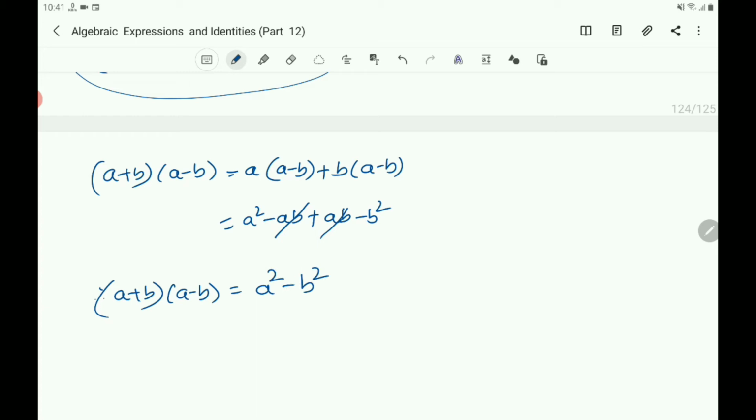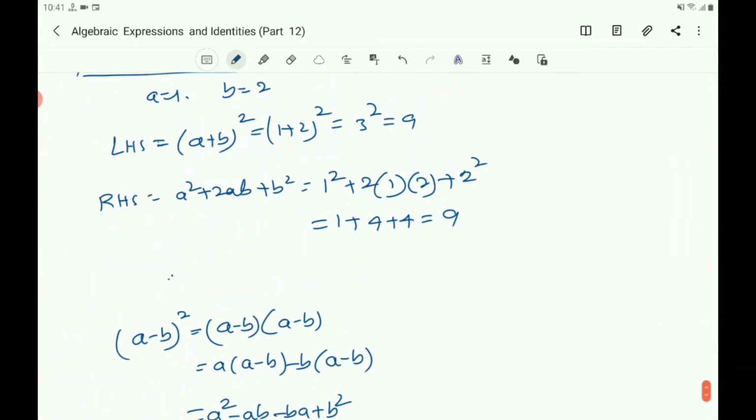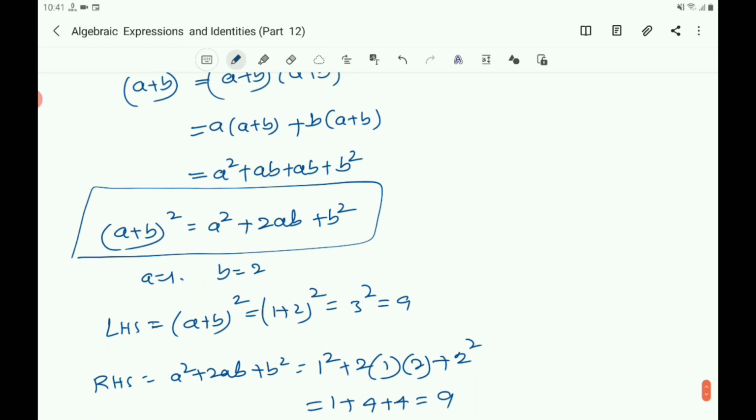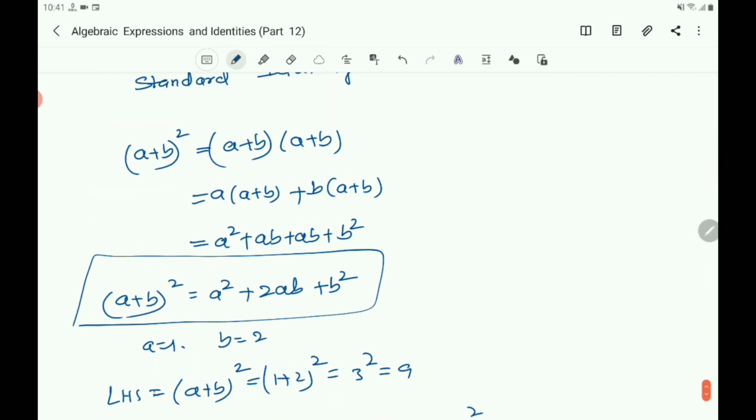It is one of the standard identities, that is the third identity. So here you got three standard identities. First one is (a plus b) whole square equals a square plus 2ab plus b square. See the terms here, three terms. (a plus b) whole square has three terms.